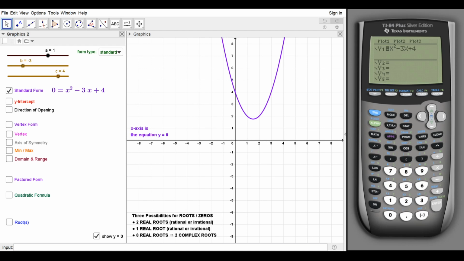If I come over to the graphing calculator and hit graph, you'll notice that I've already graphed it ahead of time. I'm not able to see it ever crossing. On the off chance you don't feel comfortable and want to see a little more, maybe I'll zoom out and change my y max to 7, and you can see a little bit more of the graph. Still, it doesn't seem like it's going to cross the x-axis.